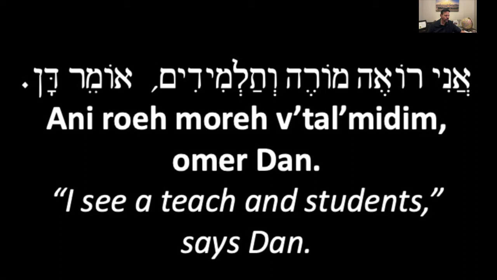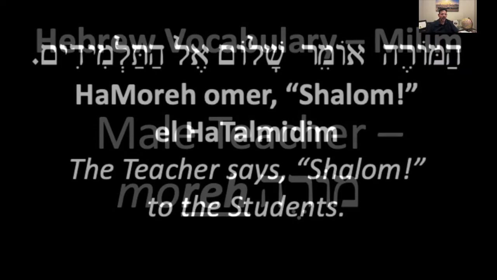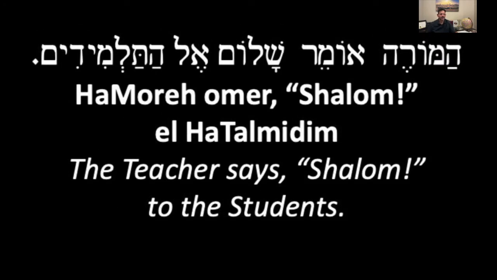We haven't really done a formal lesson on this prefix, which is a definite article. We'll do that maybe next week. But the prefix here is the, which is the letter hey. So when you look at the letter hey in front of more, we found out ha more is the teacher.